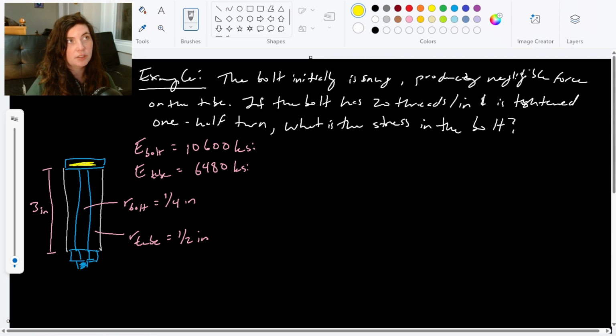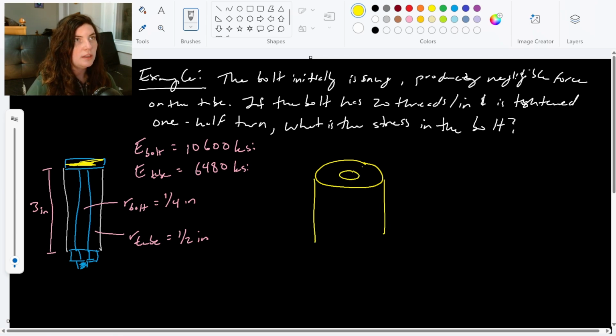If we were to take a cut section, where we have the tube and then the bolt on the inside, what we would see is the force of the bolt pushing upwards and the force in the tube pushing downwards.